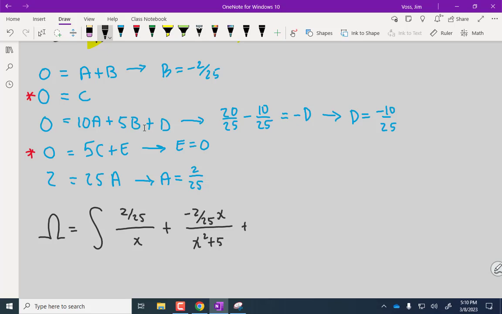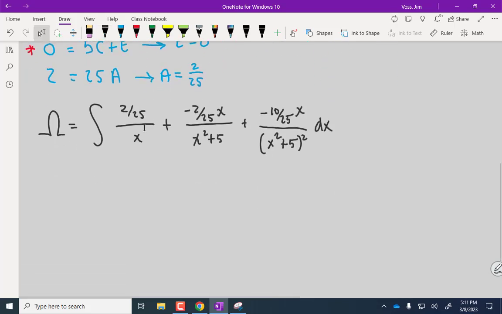Then Dx plus E over x squared plus 5 squared, dx, where E is 0.